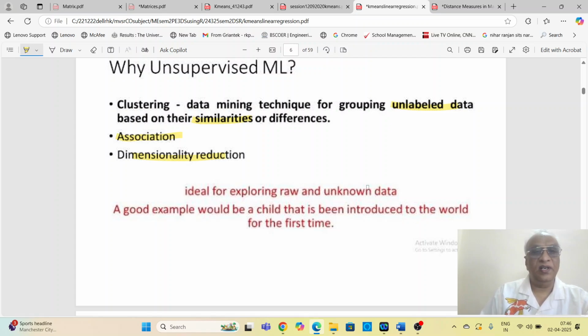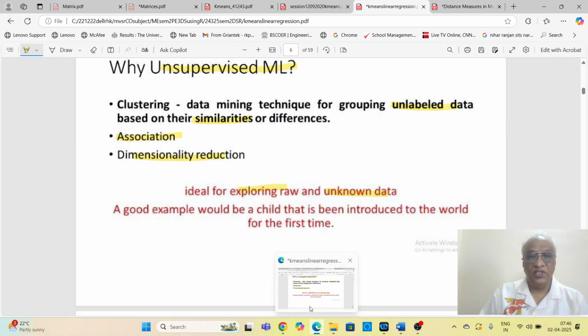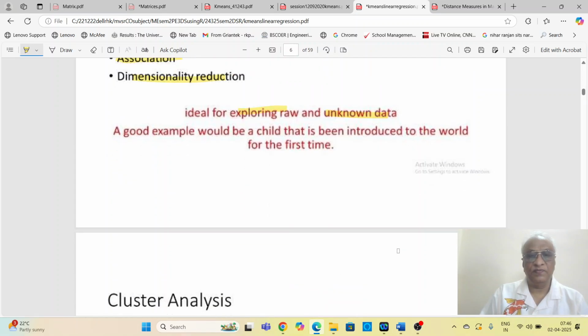Whether it is clustering, association, or dimensionality reduction, they all come under unsupervised machine learning, which has unknown data and a lot of exploration. That's the purpose of this.